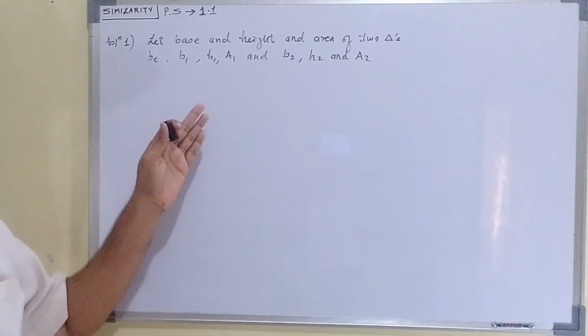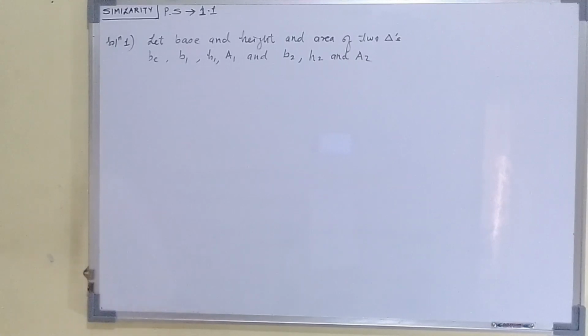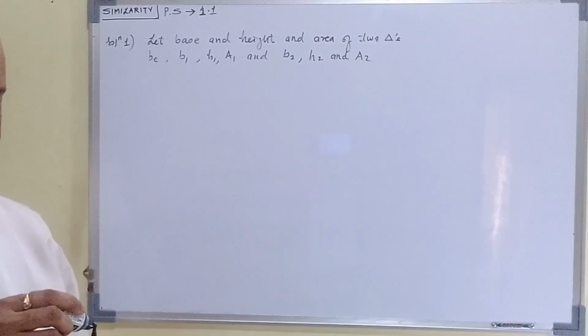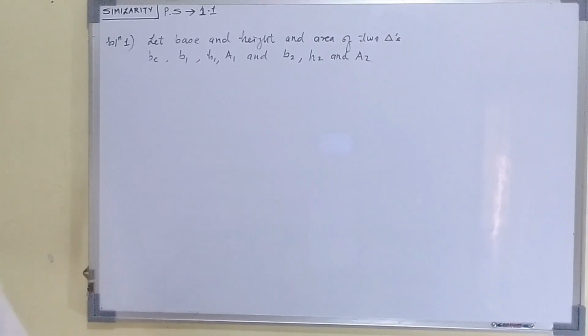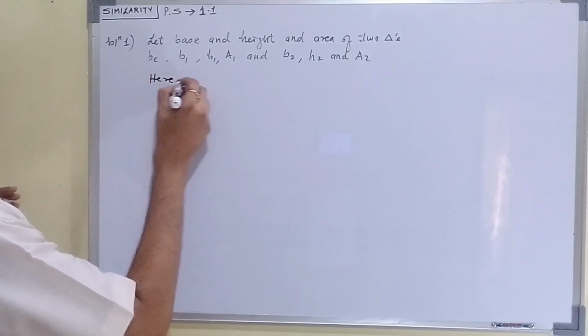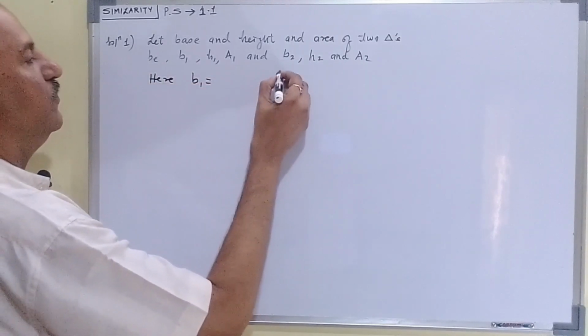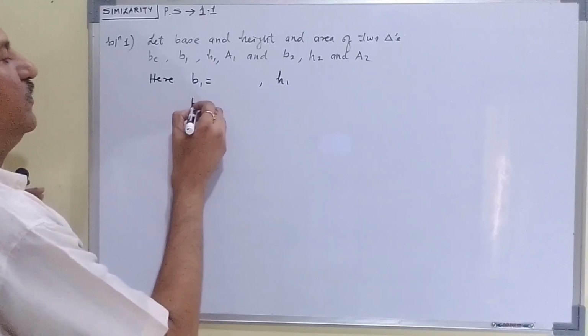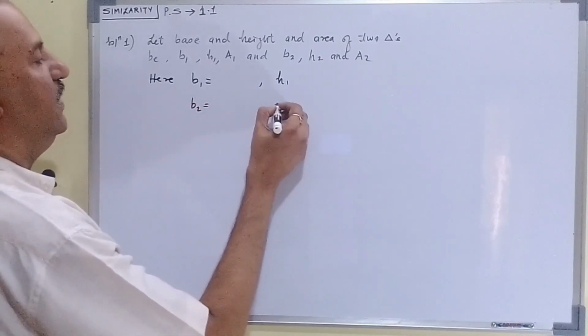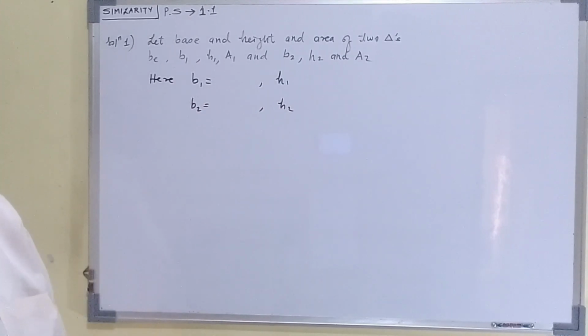Now we go to the information given to you. Here B1 is given to you, H1 is given to you, B2 is given to you and H2 is given to you. Let's see what is B1.